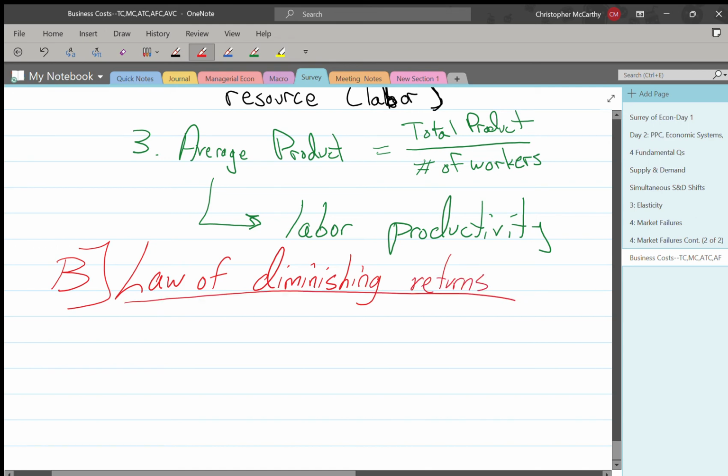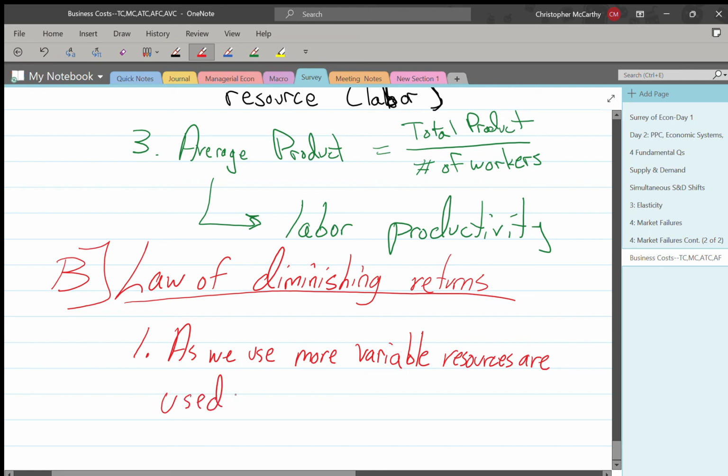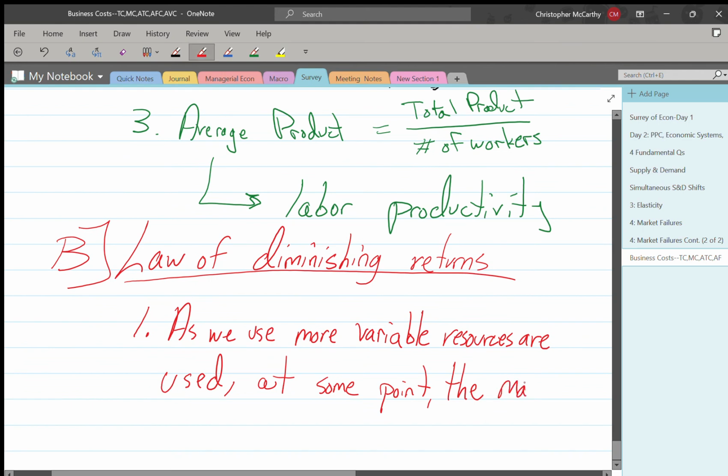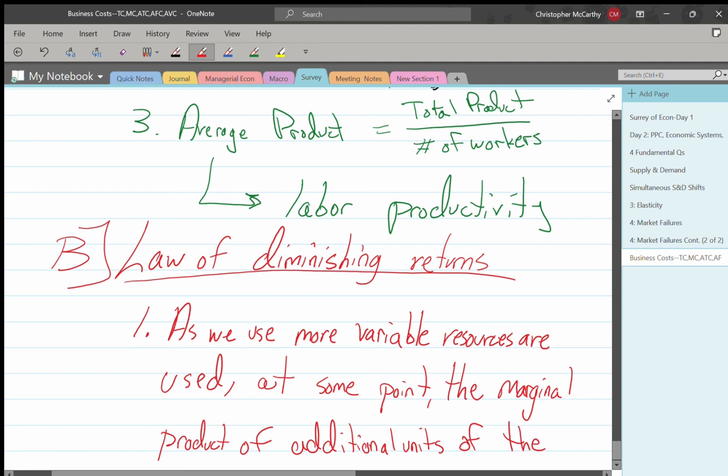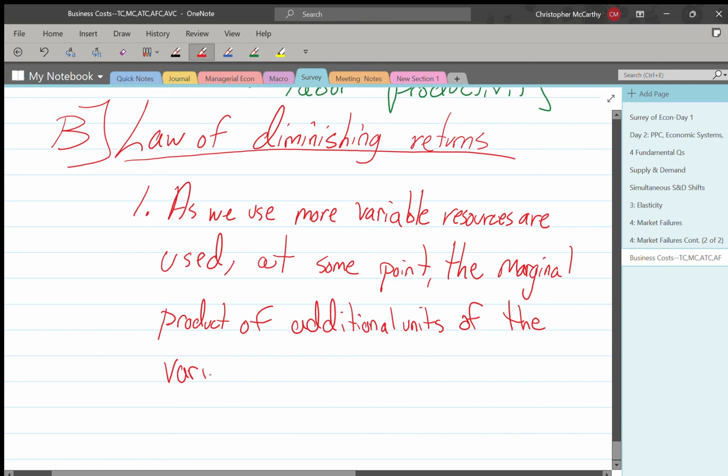So the law of diminishing returns is really just telling us that as more and more units of the variable resource are added, at some point, the marginal product of additional units of that particular variable input will decline.